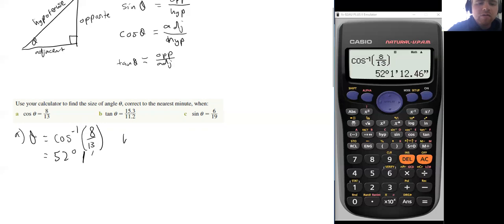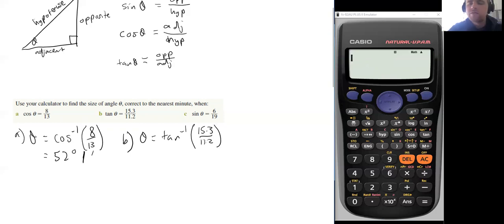Let's do B here quickly. Sorry, we need to find out what theta is. So it's going to be inverse tan, and then 15.3 over 11.2.